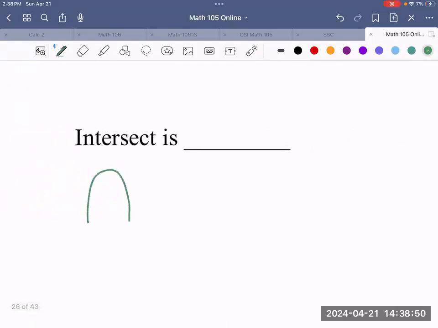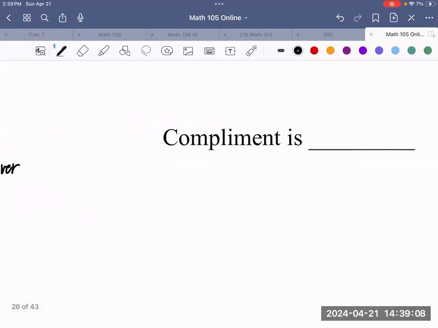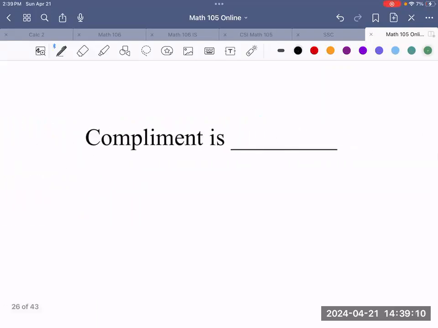Intersection is the one that looks kind of like an upside down U, which stands for and. It could also be but or however. Usually it follows some sort of a negation. Then there is the complement, which means not.